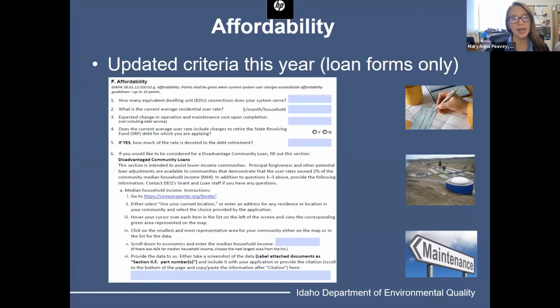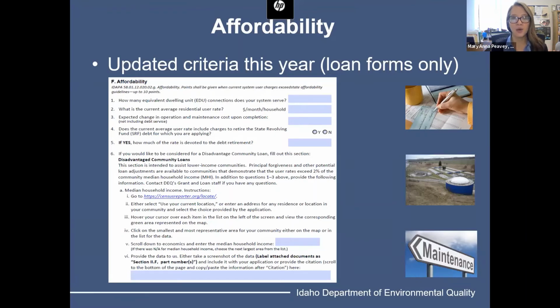Now, going down to item 6, what we're looking at is what your user rate will be with debt service charge and whether it's going to be over 2% of your median household income. Now, that is definitely the criteria that we use to consider whether you are a disadvantaged community.